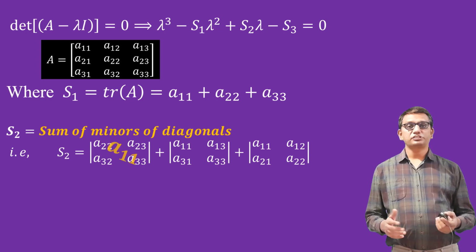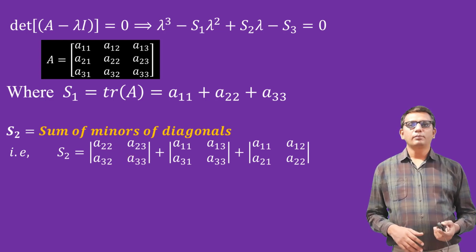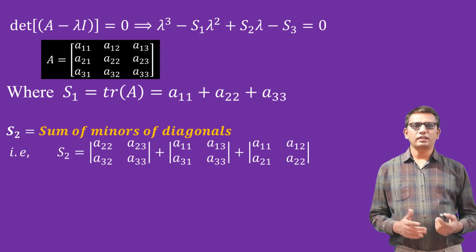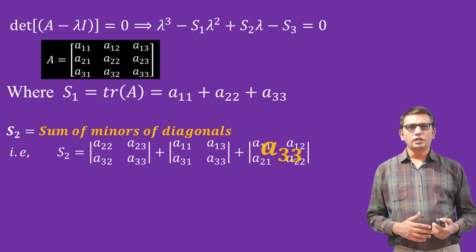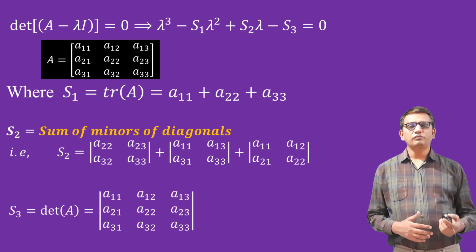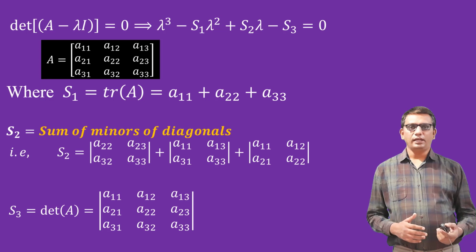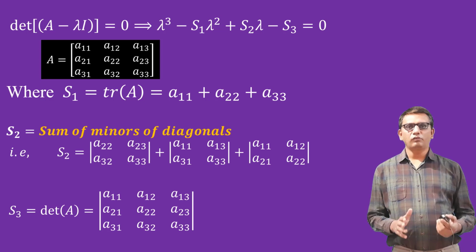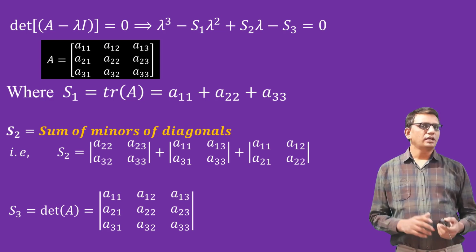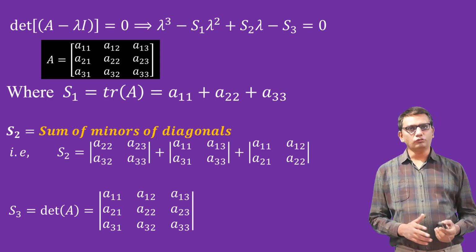Here the first determinant represents the minor of the A11 element, the second determinant represents the minor of the A22 element, and the third determinant represents the minor of the A33 element, and S3 is the determinant of the whole matrix A. So that is the characteristic equation for 3x3 matrix only.